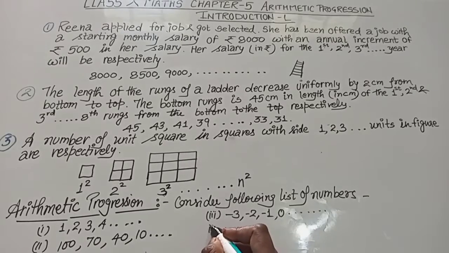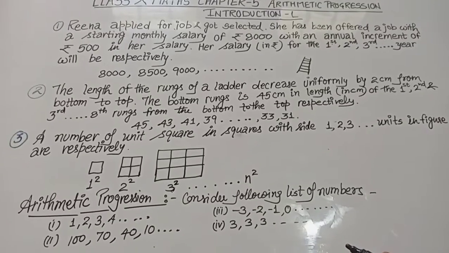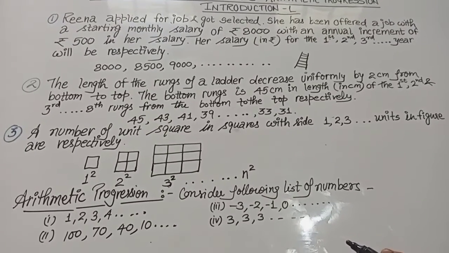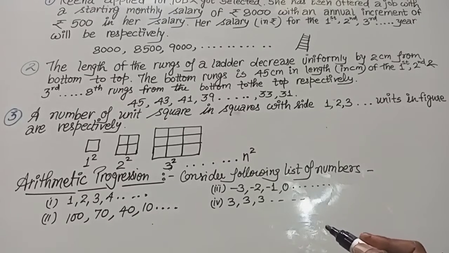The fourth one is 3, 3, 3, and so on. So these are examples of arithmetic progression.